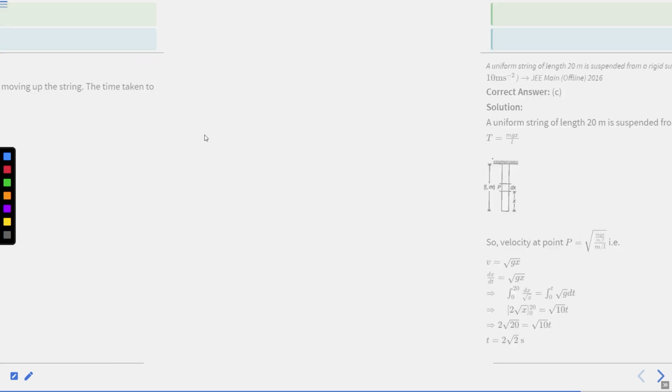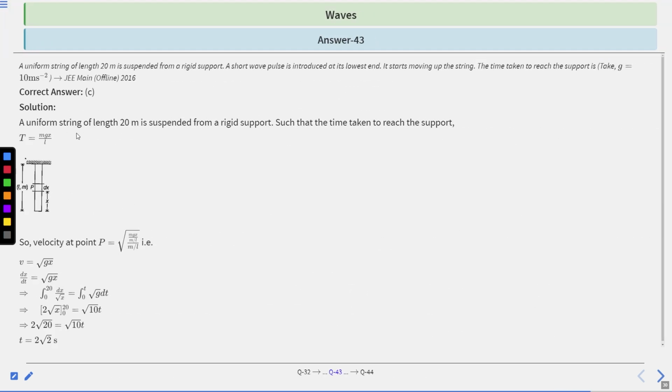Let's find a solution. A uniform string of length 20 meter is suspended from a rigid support, such that the tension at a point is T equal to mgx divided by L. So the velocity at point P is equal to under root mgx divided by L, divided by m by L. Solving this, you get v equal to under root gx, as m and L cancel out.